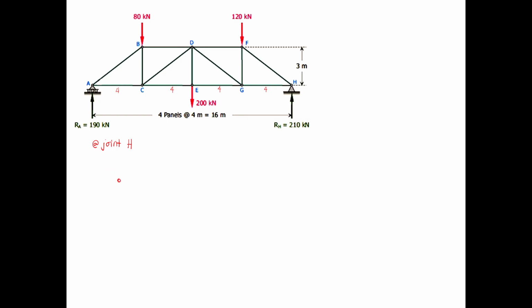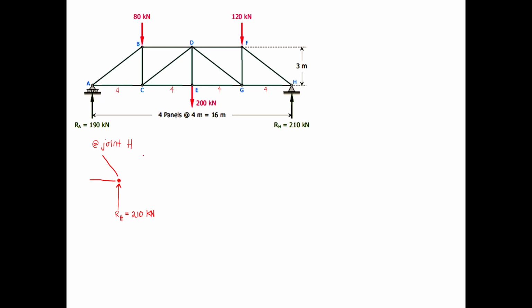This is joint H, this one is the vertical load, this is RH, 210 kilonewtons. One is a horizontal member, the other is a diagonal member.